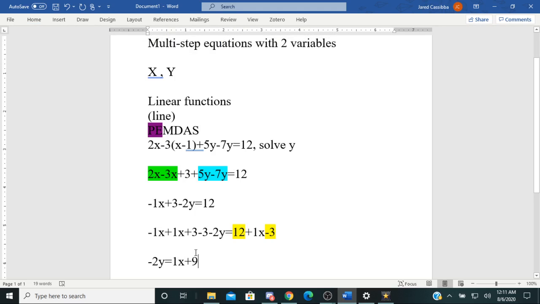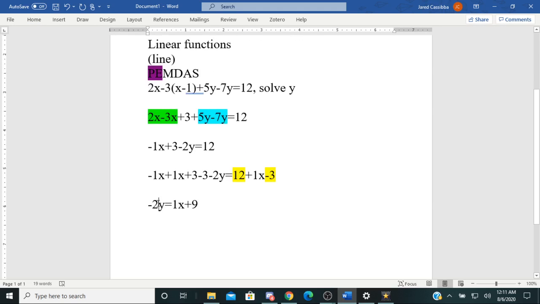The last step is to divide by -2, which is the same as multiplying by -1/2. So we have -1/2 times -2y equals, then this whole side is multiplied by -1/2, and it's x plus 9.